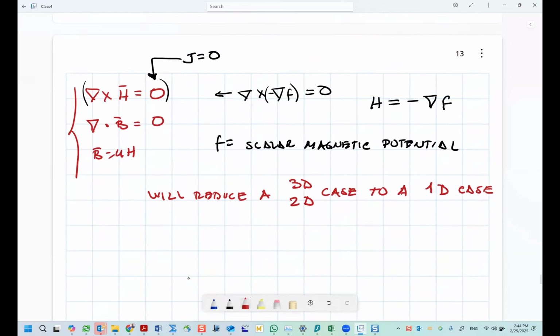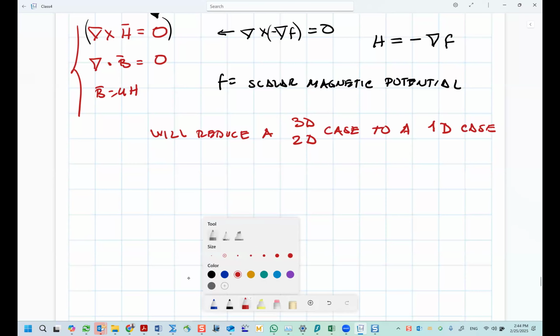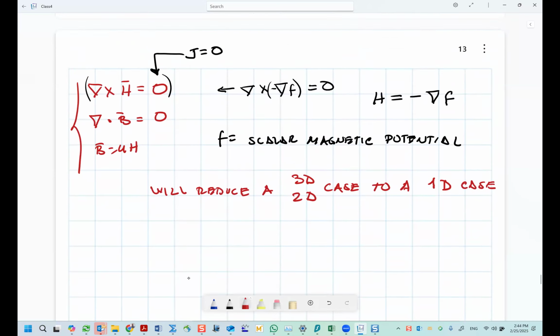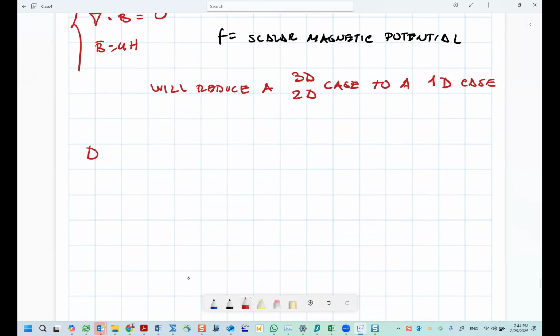The more typical one is not electrostatics, but it is the DC current.